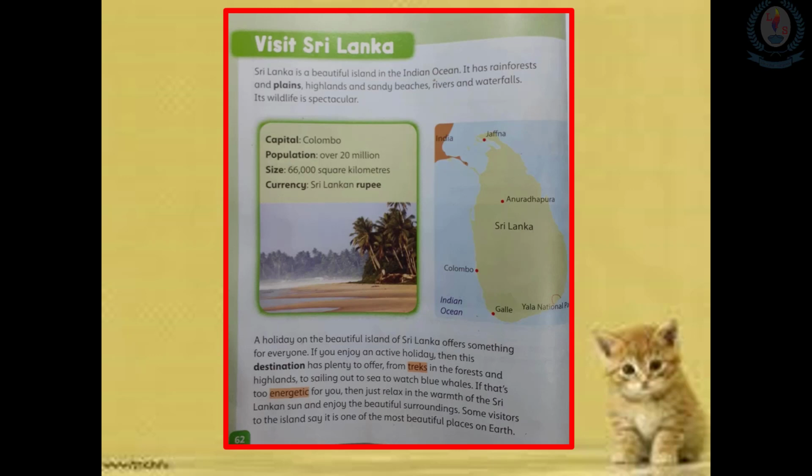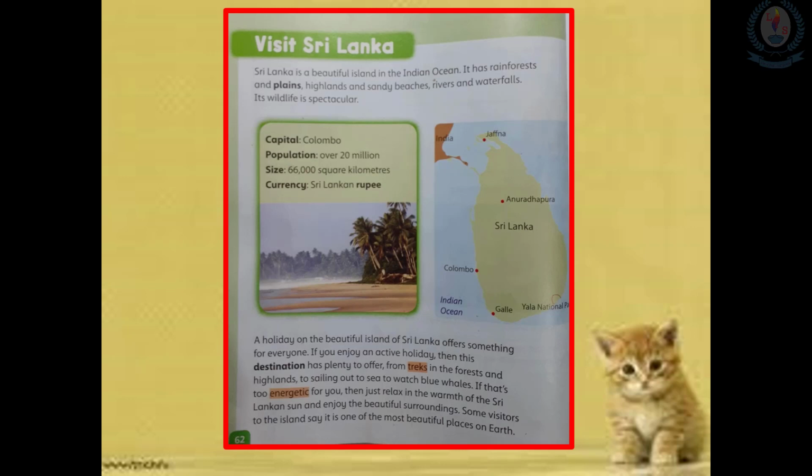It has rainforest and plains, highlands, sandy beaches, rivers, and waterfalls. Its wildlife is spectacular. The first paragraph of this passage is about the situation of Sri Lanka on the world map and its geographical features.